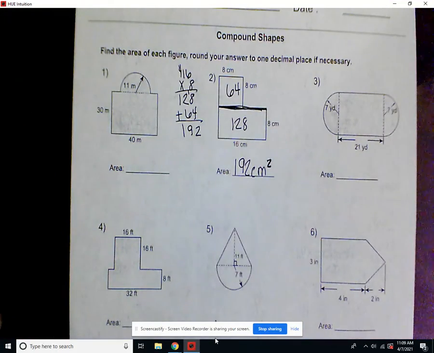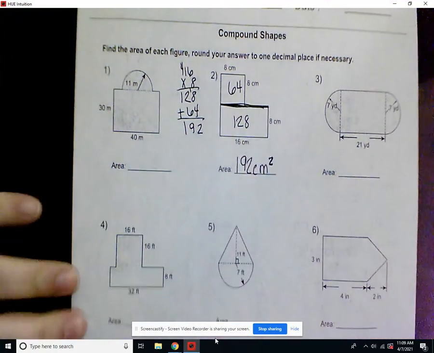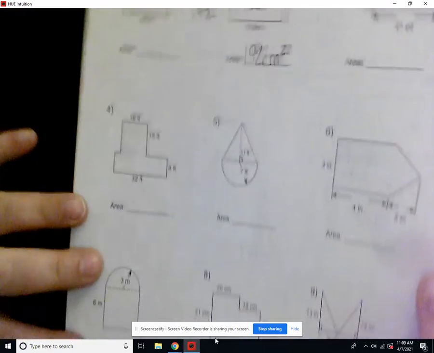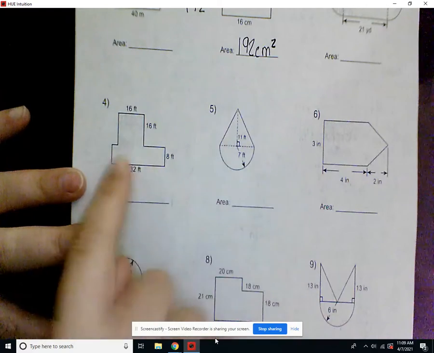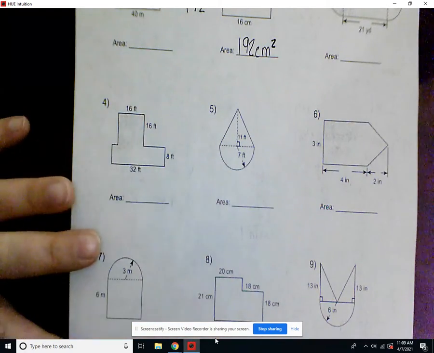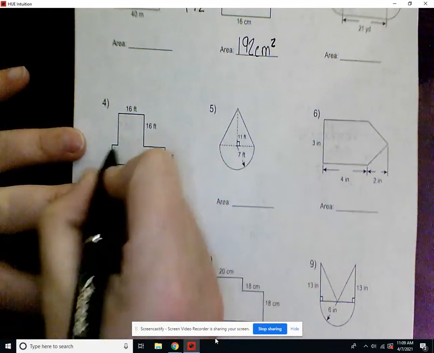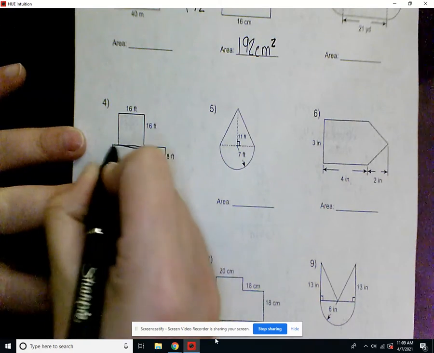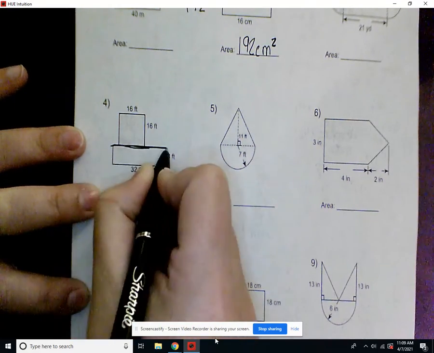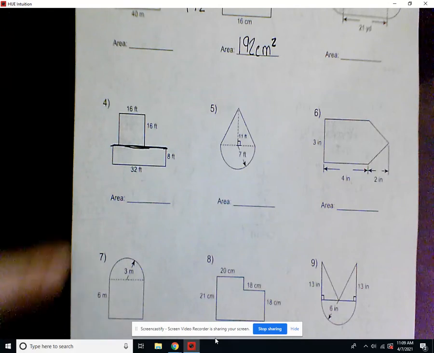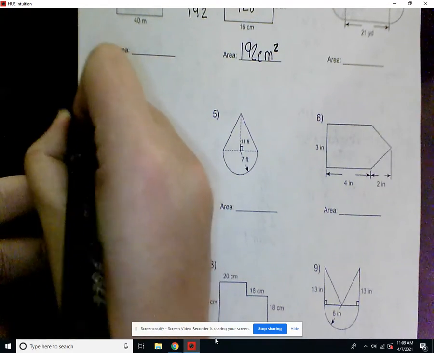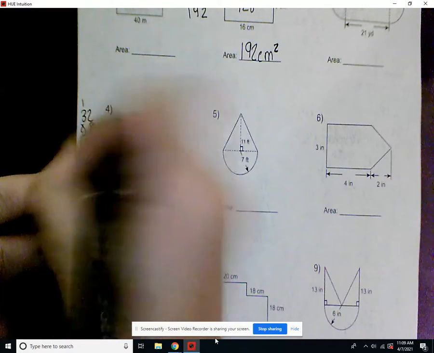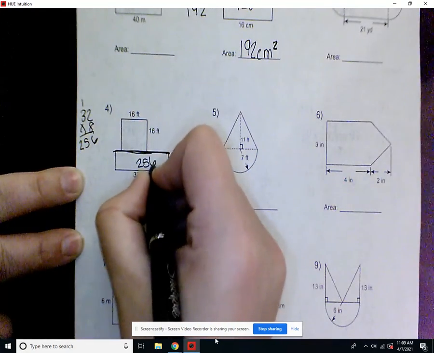All right, so I'm going to look at a different one, kind of the same concept, but it's a little bit different looking. Number 4, so again, same thing. We'll look at the numbers that you're given. If you're given the same numbers side by side, they're telling you it's a square. So I'm going to mark it off to where it looks like a square, and then we can find our area. So 32 times 8 is 256.